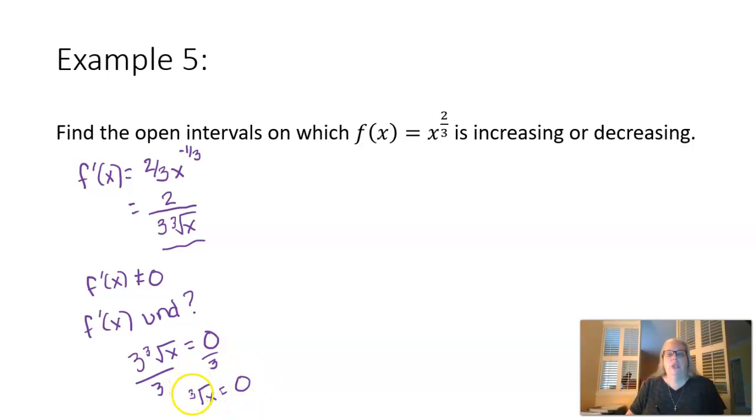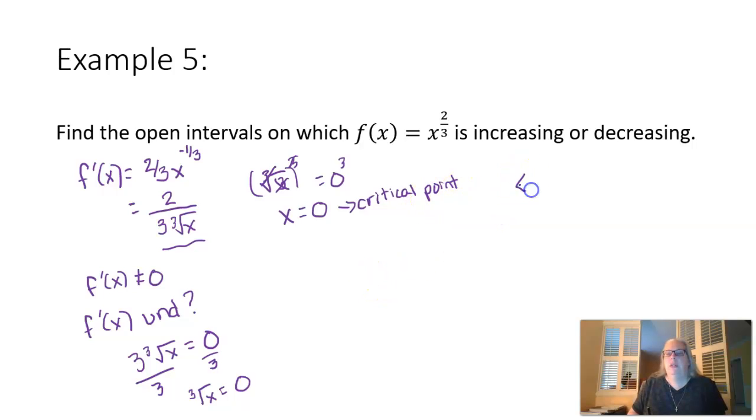And then to uncube root something, that means we need to raise both sides to the third power. Alright, and then the power and the radical will cancel, so we're left with x, and then 0 to the third power is going to give me 0. And this is going to be my critical point, or my critical number.